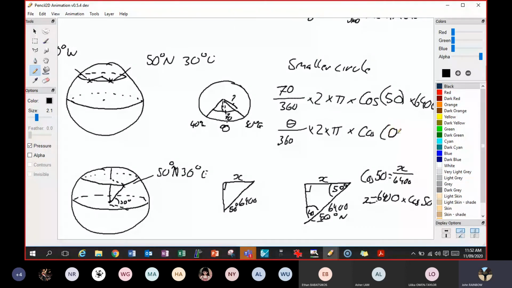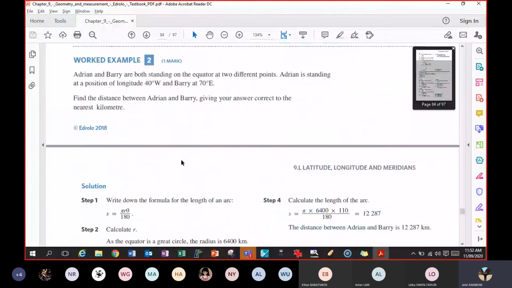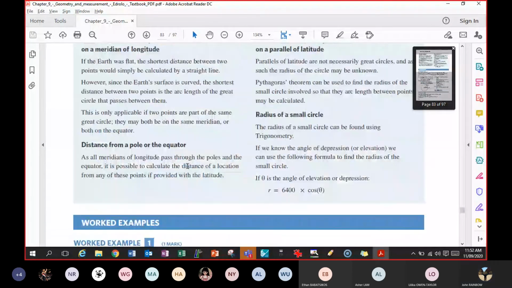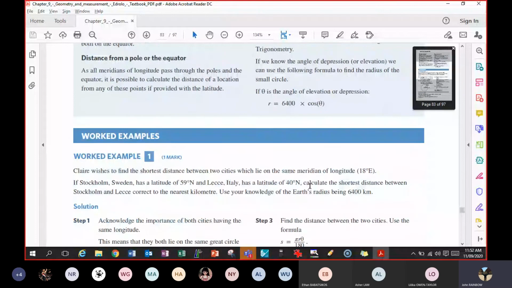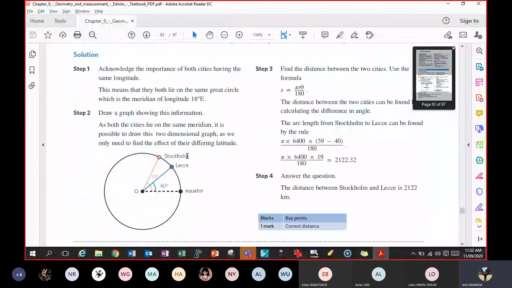this angle here would be, actually, I'm not going to write that. They call this one the angle of, what do they call that? I'm trying to recall. Angle of elevation or depression for the small circle. So I do like the way they do it here.